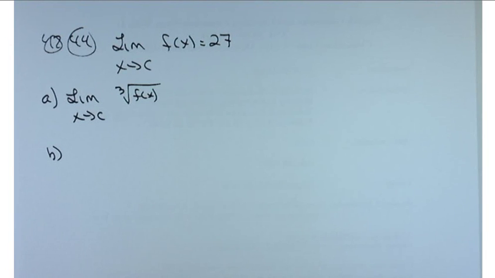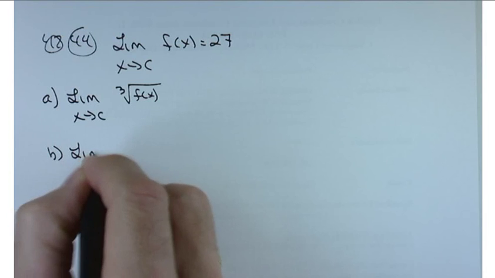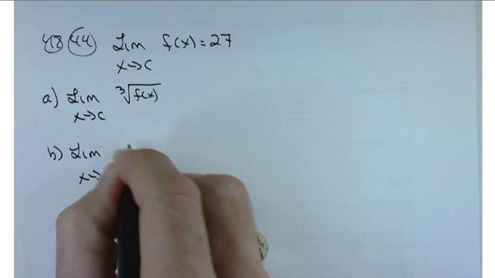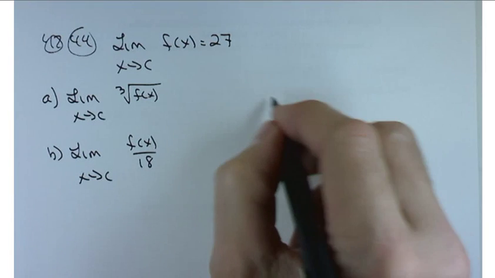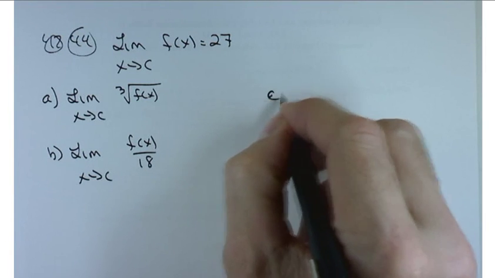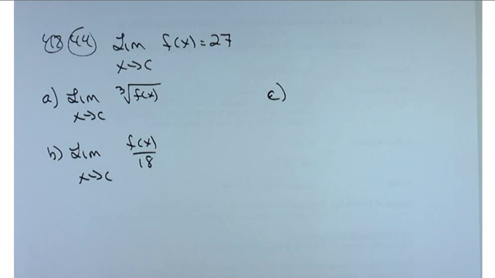Part B, the limit as x approaches c of f of x divided by 18. Part C, the limit as x approaches c of f of x squared.